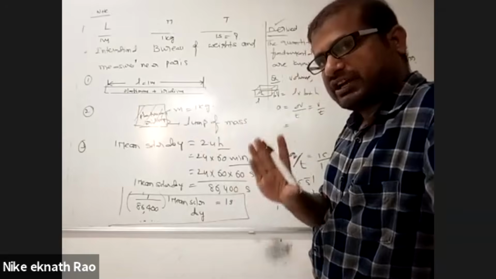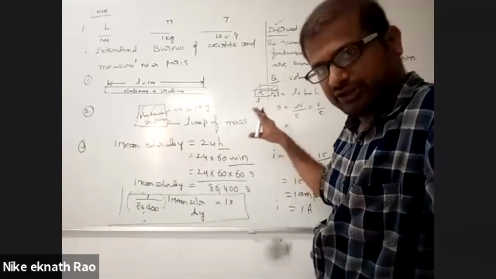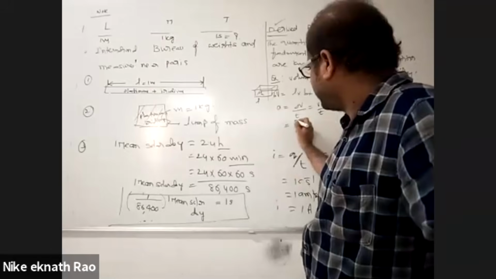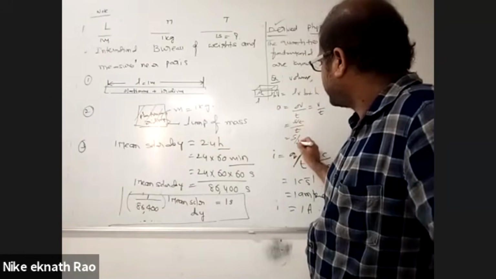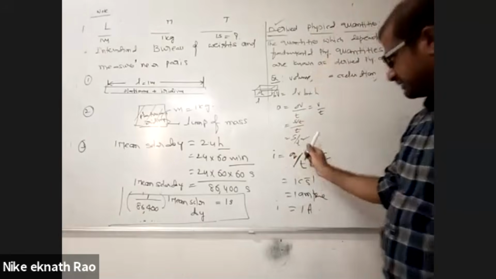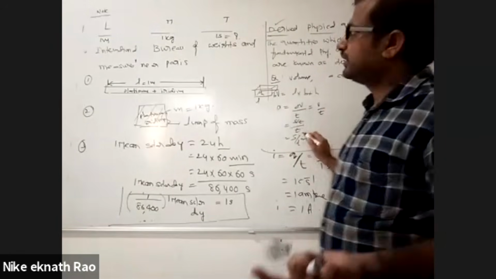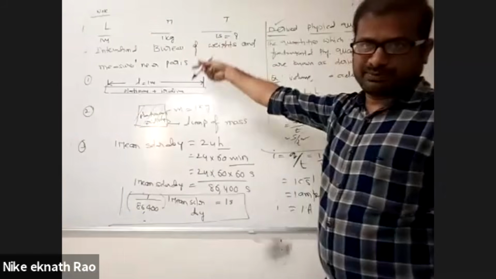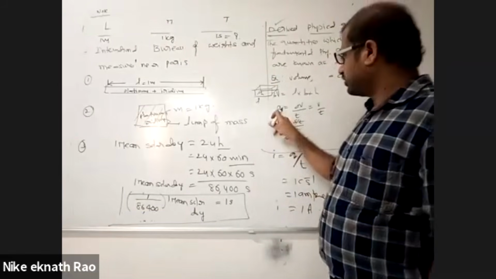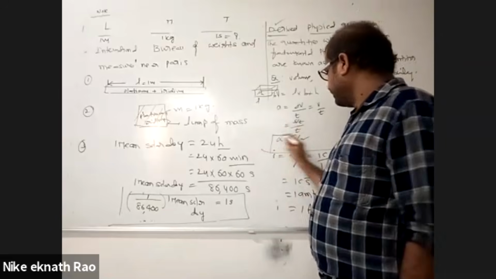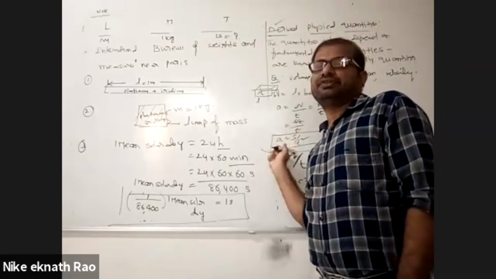So acceleration is displacement by time square. Displacement is a kind of length, which is fundamental, and time is fundamental. So acceleration depends on fundamental physical quantities, and hence it is a derived physical quantity.